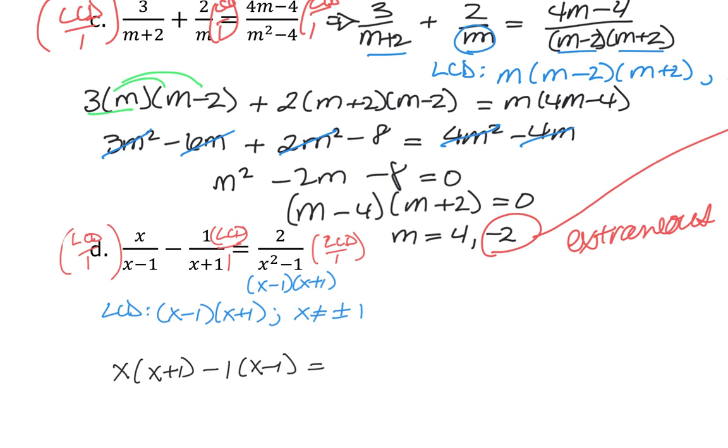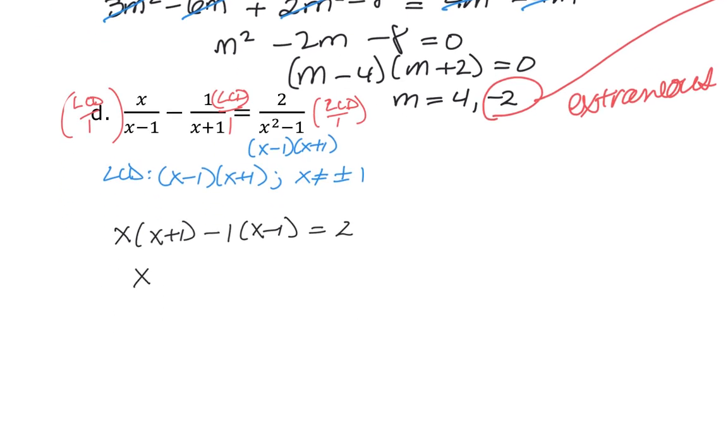And on the other side of the equal sign, both the x minus 1 and x plus 1 cancel out, so I just get 2. So I end up with x squared plus x minus x plus 1 is equal to 2. So I'm going to get x squared. These two give me 0.